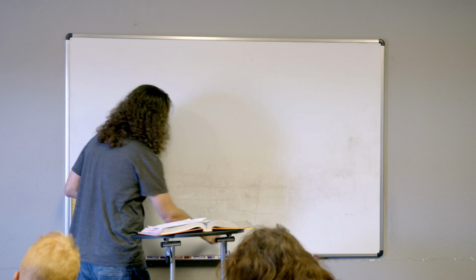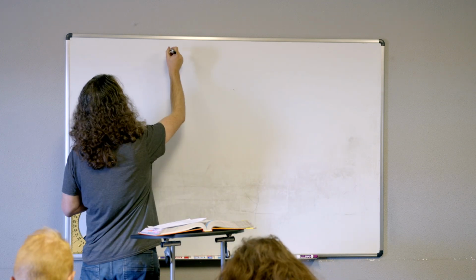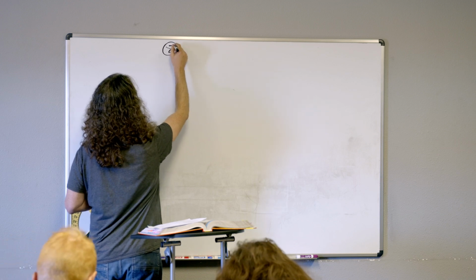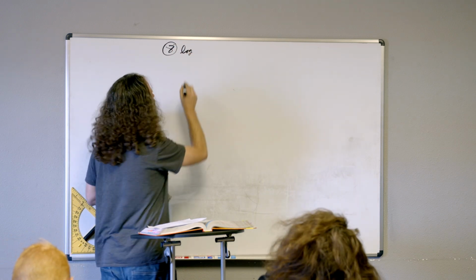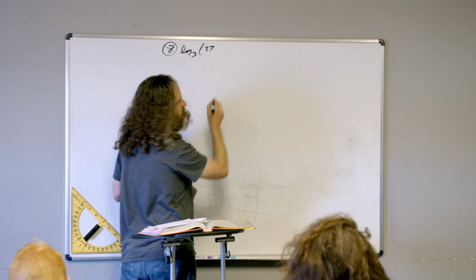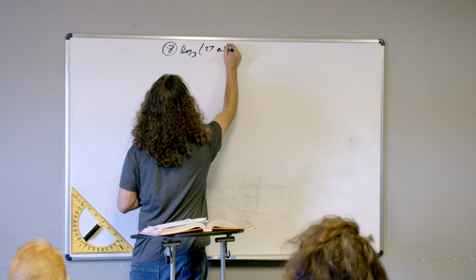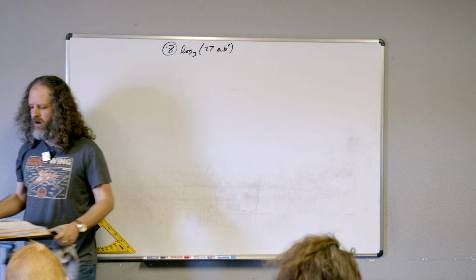All right, so number 8. We're supposed to expand the log base 3 of 27 a b to the 4th. I think most of us got at least part of this one right.